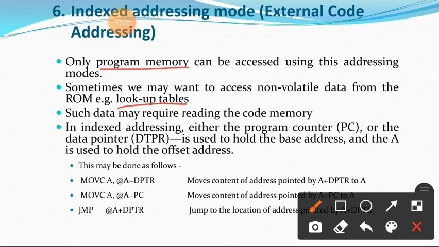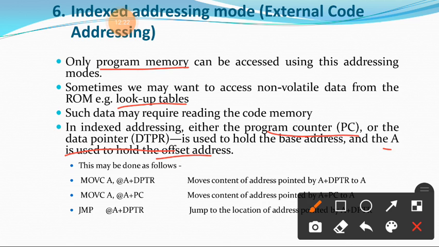Mainly in this addressing mode, we are using the program counter and data pointer to hold the base address. And the accumulator is also used to hold the offset address.